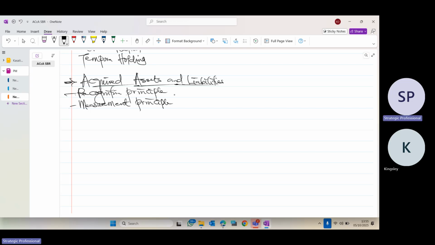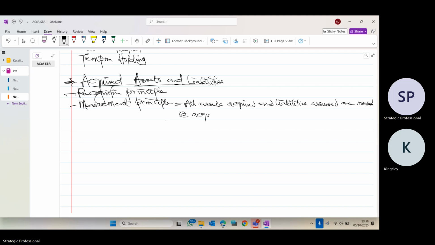While for measurement principle, all assets acquired and liabilities assumed are measured at acquisition date at fair value.